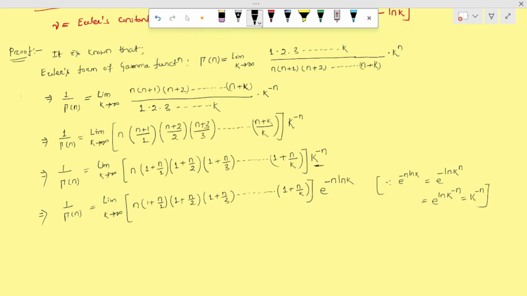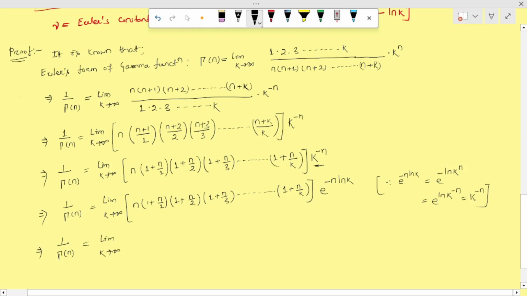Then that implies 1 by gamma n will be equal to limit k tends to infinity of n into (1 plus n by 1)(1 plus n by 2)(1 plus n by 3) up to (1 plus n by k). I have written it as such.